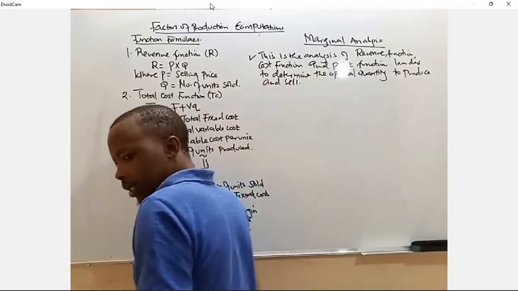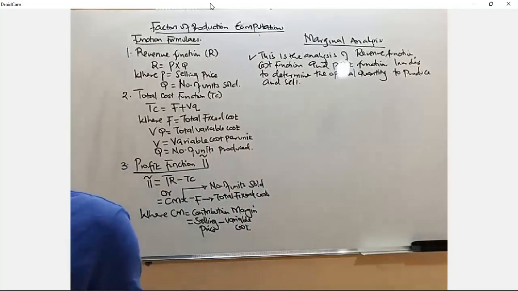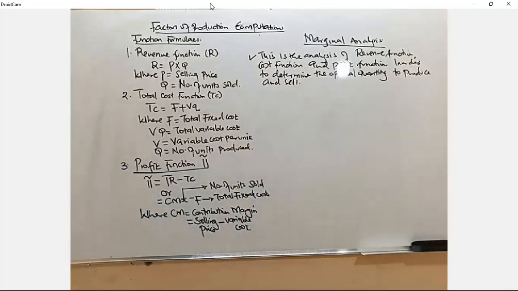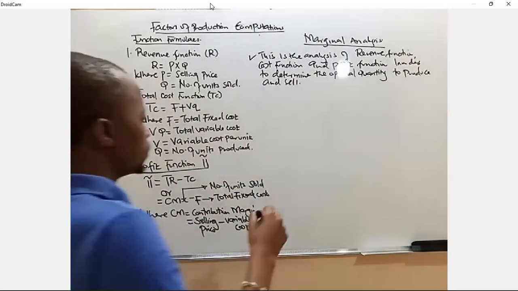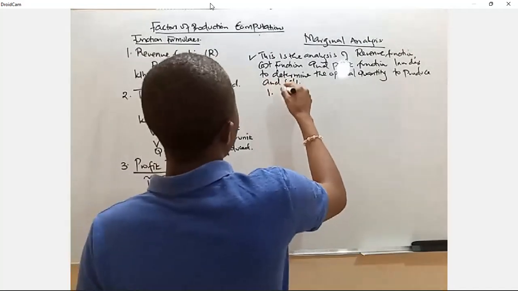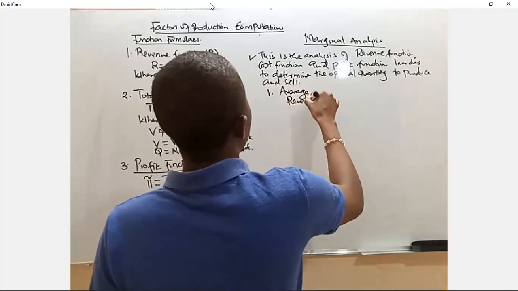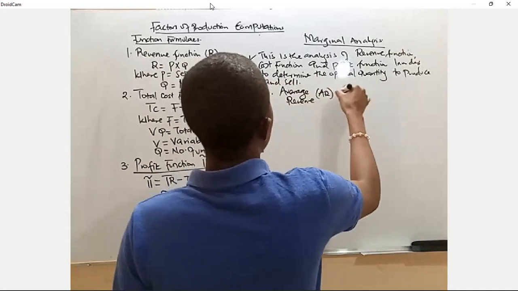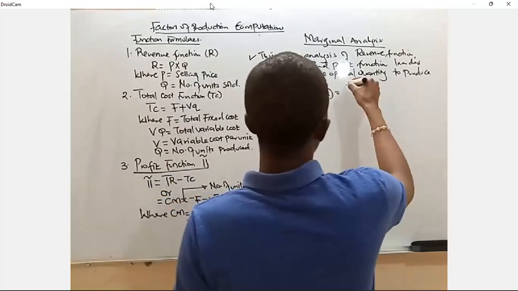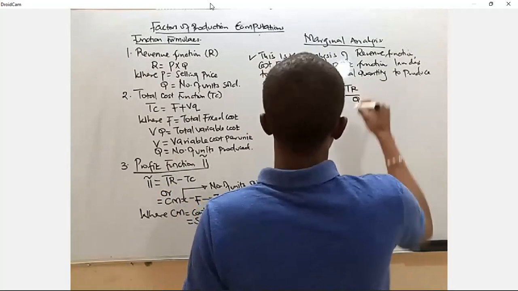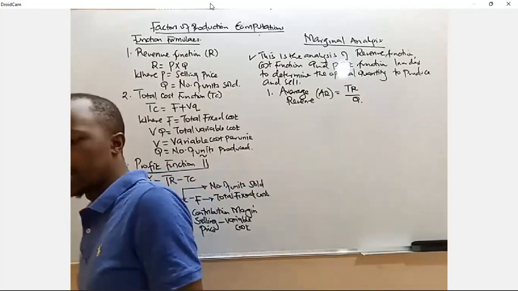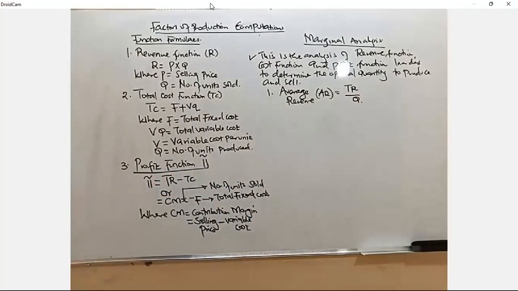The most important thing you need to know under the marginal analysis concepts is, because we already know how to compute our total revenue function, how do I calculate the average revenue, for example? If we want to calculate the average revenue, we take the total revenue and divide by the quantity. That is how you get the average revenue.